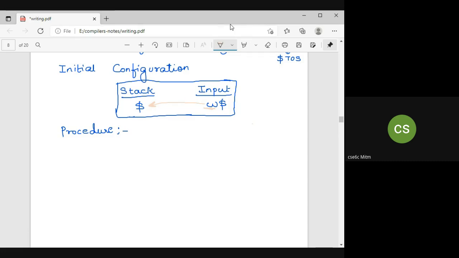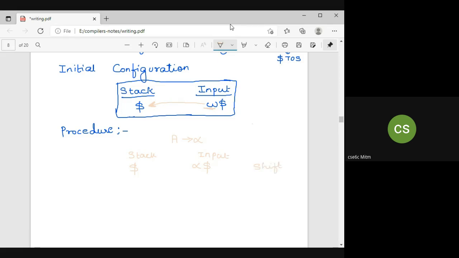I'll give you the meaning of this. Suppose you have something called A goes to alpha. It is one of the production rules in the grammar. Suppose you have dollar here in the stack, and in the input you had alpha followed by dollar. So the first operation is a shift operation.